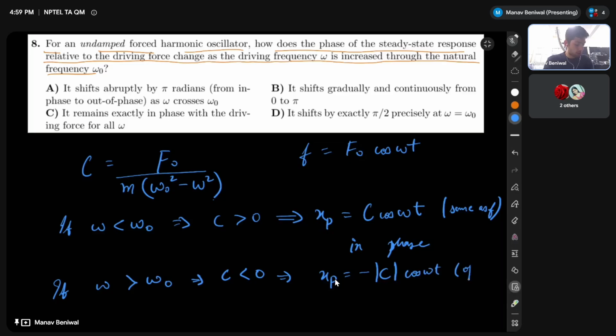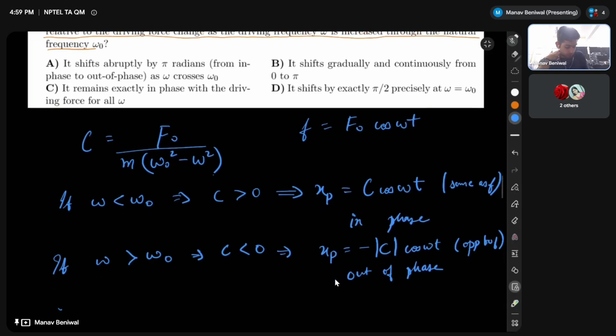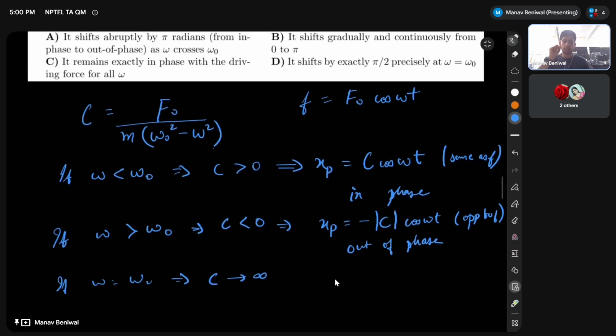Now this is opposite to F. So this is out of phase. And if omega is equal to omega naught, then our C diverges and goes to infinity, and this is known as the undamped response.